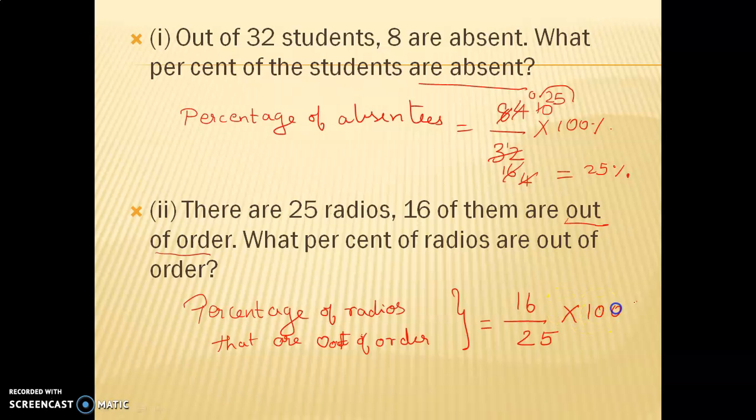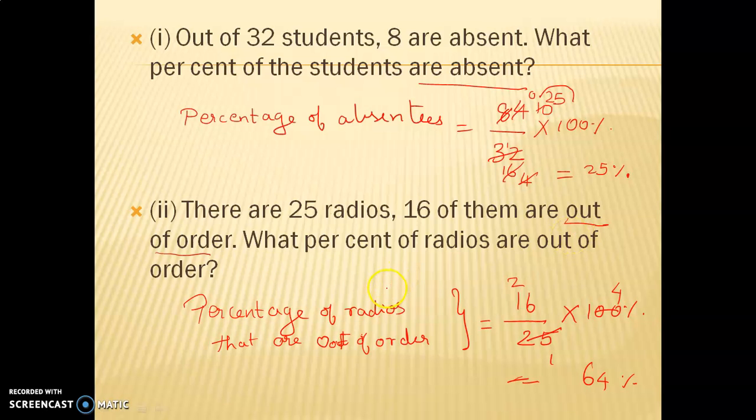Multiply by 100 percentage. 6 4s are 24, so 64. So 64 percentage of the radios are out of order.